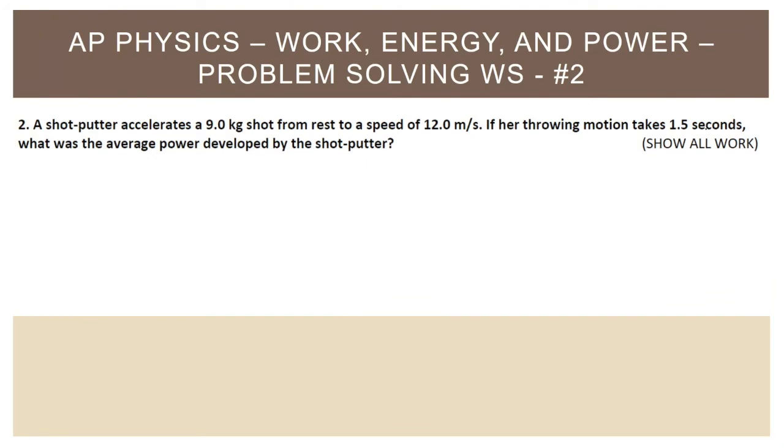Question number 2 says a shot putter accelerates a 9.0 kilogram shot from rest to a speed of 12.0 meters per second. If her throwing motion takes 1.5 seconds, what is the average power developed by the shot putter? So, of course, to solve this problem, we'll write down the list of variables here. The mass of this shot put, as it says in the problem, is 9 kilograms.